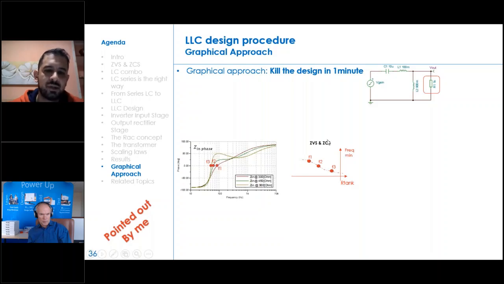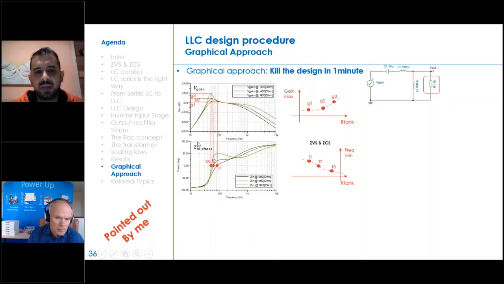If I sketch these results on a plot, I get that if the tank resistor increases, the minimum frequency to get zero voltage switching decreases. So you get something like this. What happens to the gain of our tank? If I do the same job, we can see that as the tank resistor increases, the gain increases.